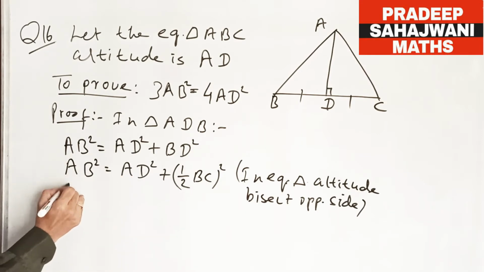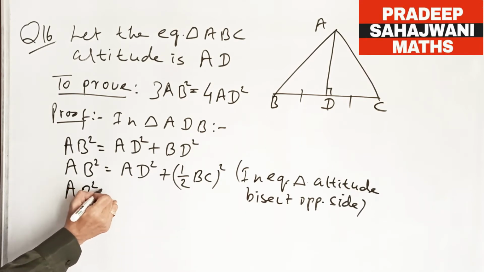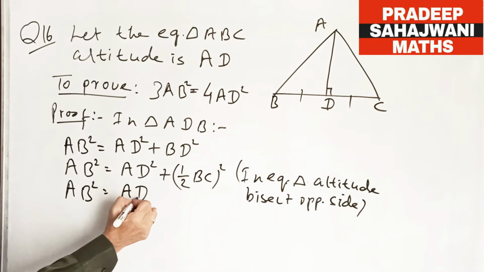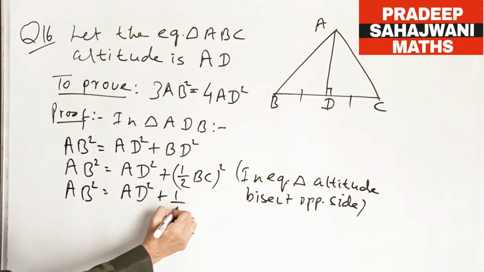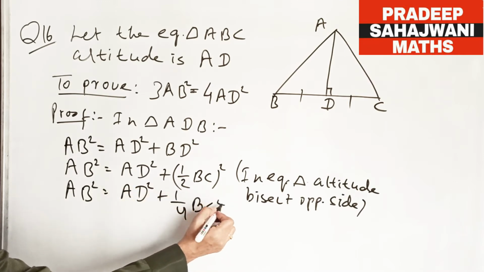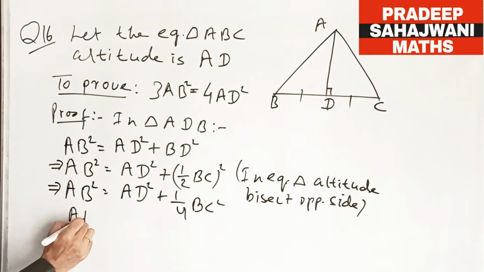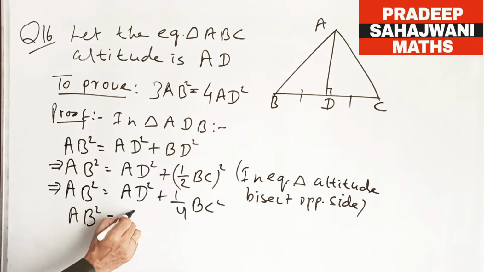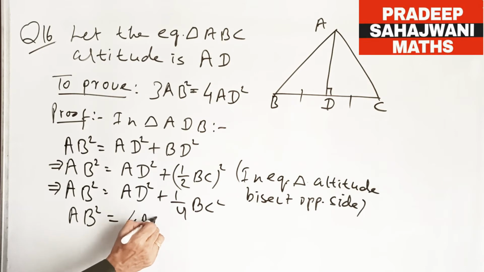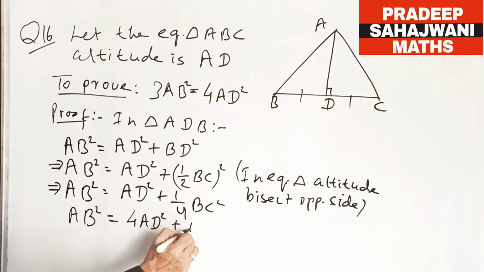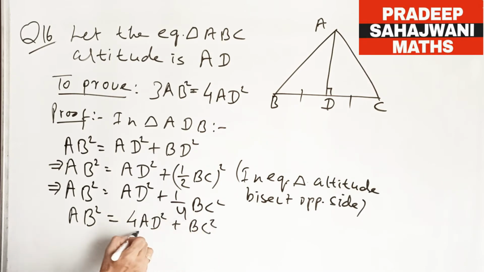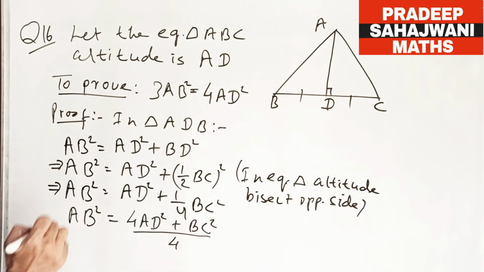So this will be AB square is equal to AD square plus 1/4 of BC square. Okay, after squaring, now AB square is equal to, we will take the LCM, this will be 4 AD square plus BC square upon 4.